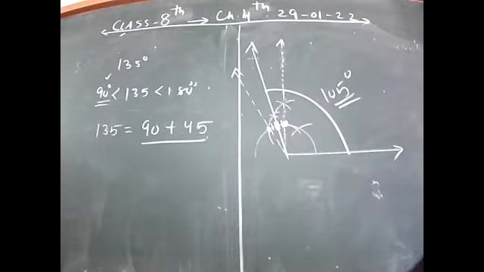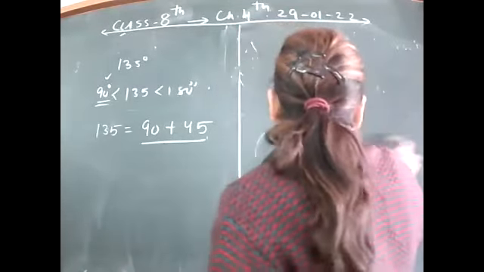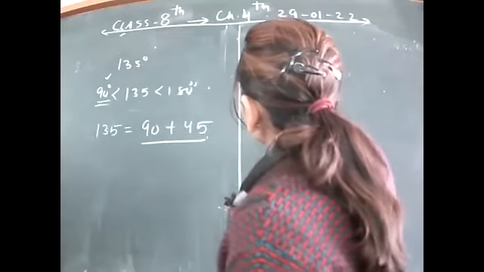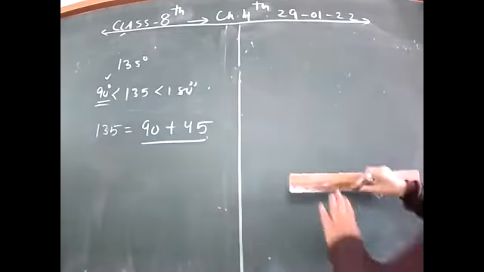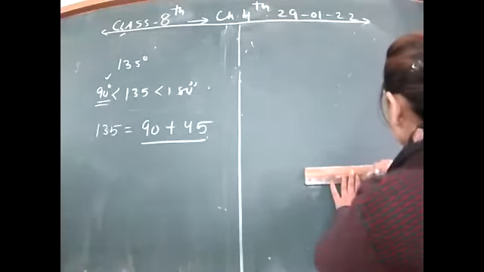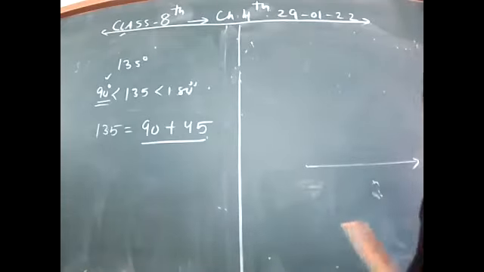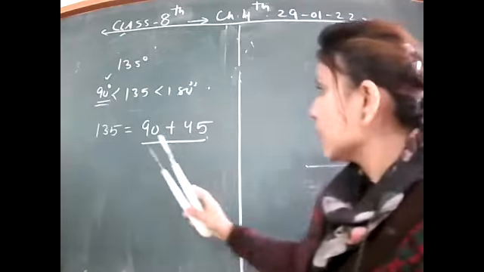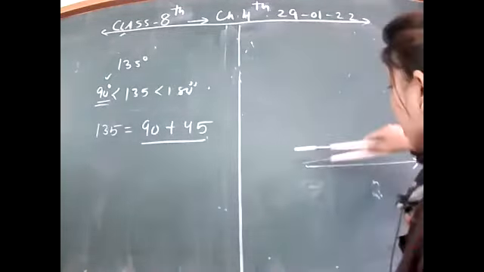Let us start the construction of 135. First of all, a ray is to be constructed. On that ray, you need to draw the two helping angles. One is 90, another is 180. So first of all, I am making 90.